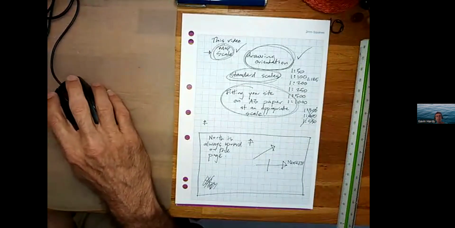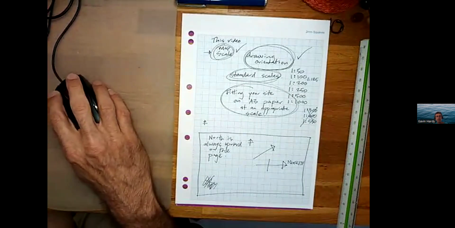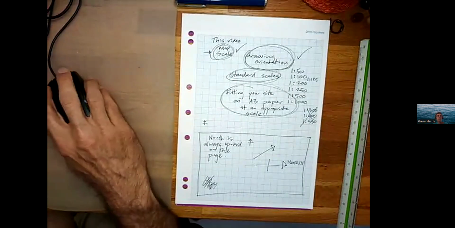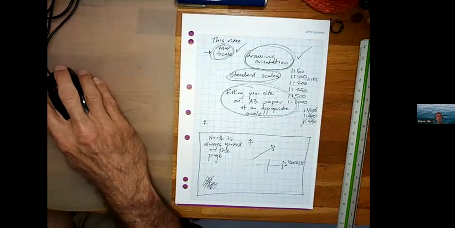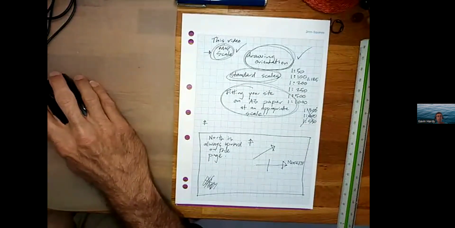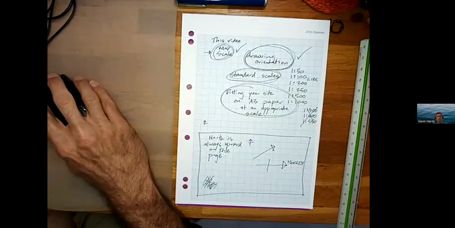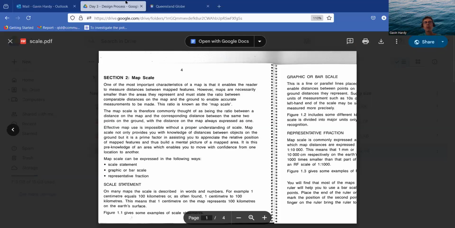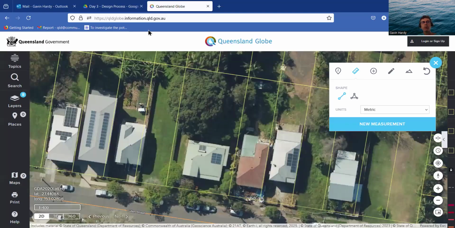So let me go and share screen again. Okay. So I tab across. I've logged into the Queensland Globe portal.